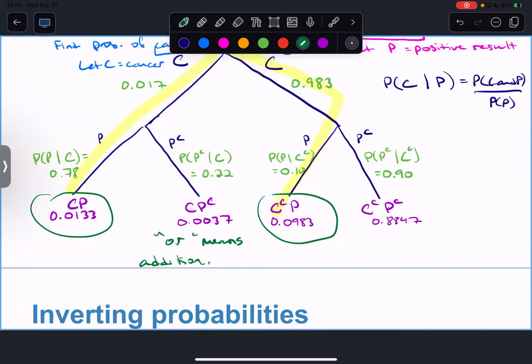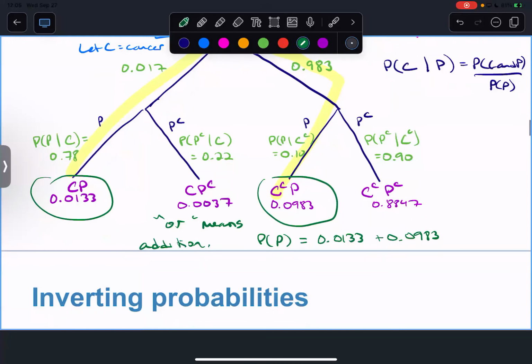So from here, the probability of P, just overall, regardless of the cancer outcome, is going to be 0.0133 plus 0.0983, which is something I don't know.